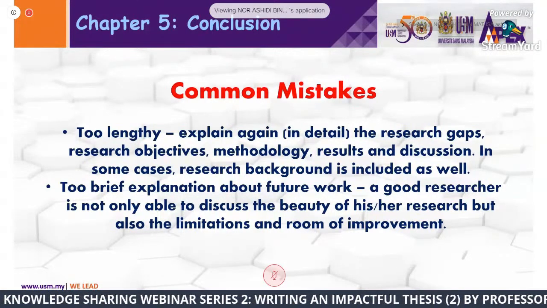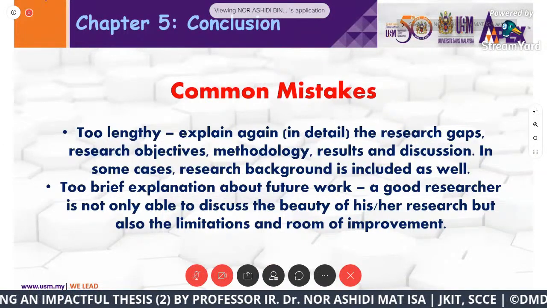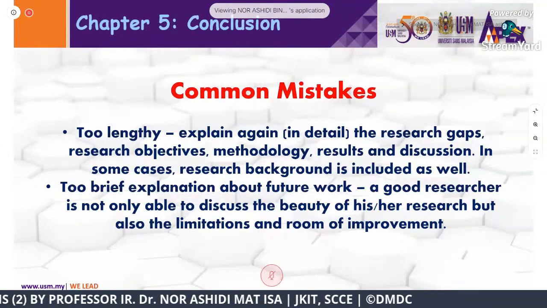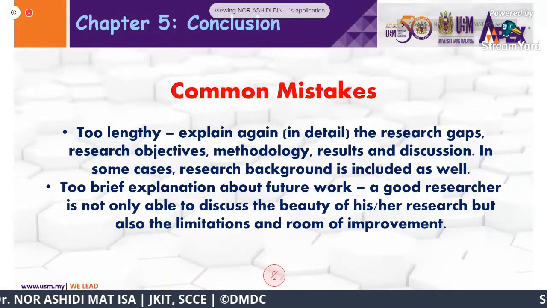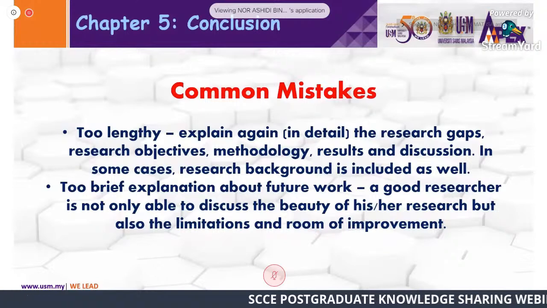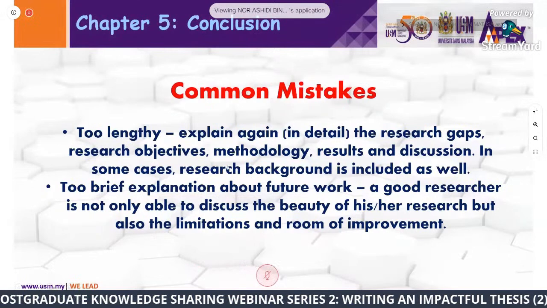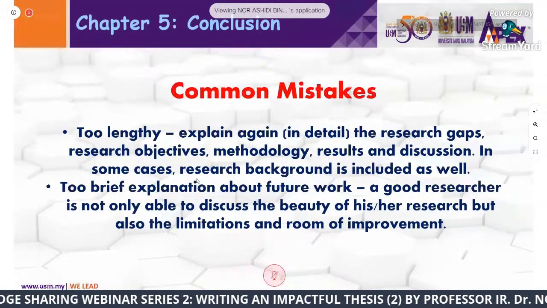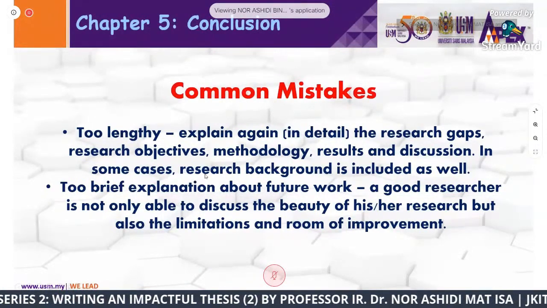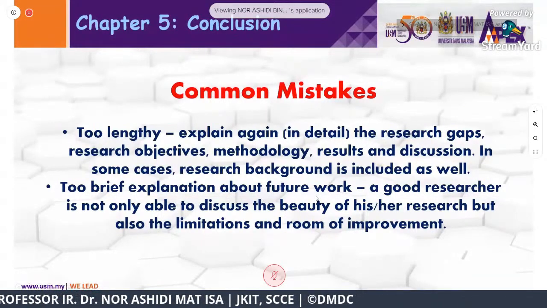So again, highlight what the problem statement is, what the objectives are, what the main proposed idea is, what the main results are, and whether your results answer your research gap. That's all. In some cases, some of the students still include the research background. This is a very poor conclusion. Two, a brief explanation about the future works.